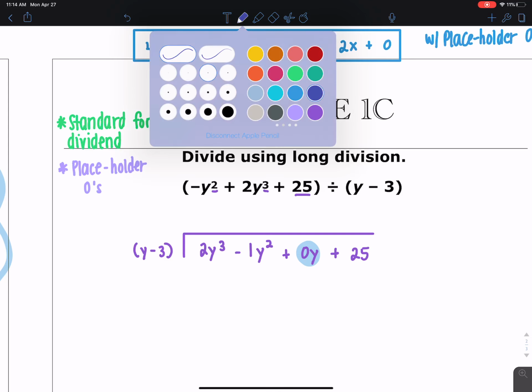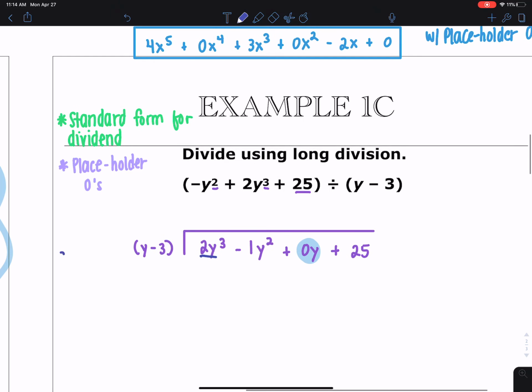So we're going to start with our first term, which is 2y to the third. And we're going to divide that by y. And we get 2y squared. So that goes on top. And then we have to multiply. So 2y squared times y minus 3.